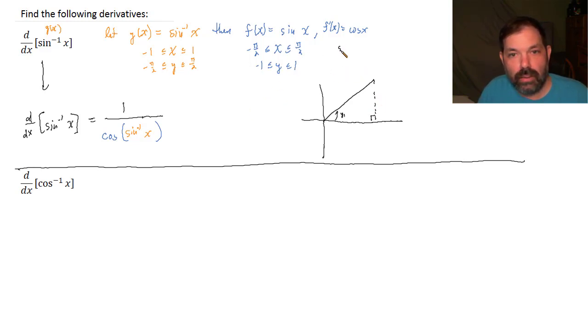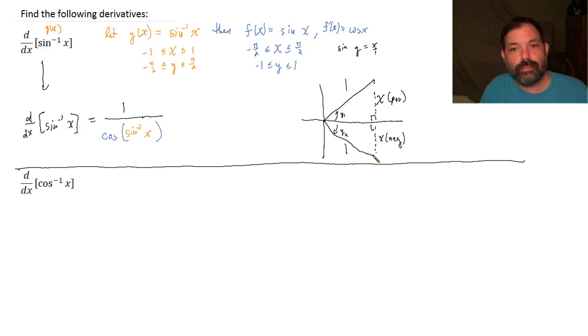The sine of y is equal to x, so thinking of that as x over 1, opposite over hypotenuse. And that's if x was positive. What if x was negative? If x was negative, then we would have this reference triangle, where here's maybe my y2. And here x is now negative. And again, the hypotenuse is 1.